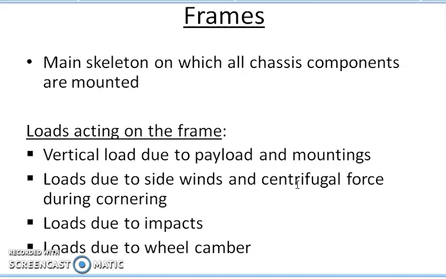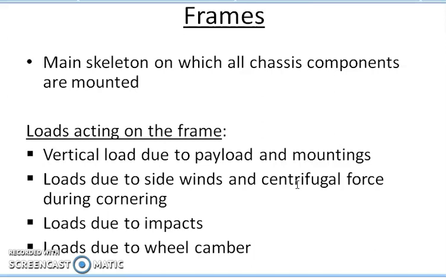So first let us discuss what are the various loads that are acting on the frame so that we will be able to design how the frame should be and what the cross section of the frame should be. The various loads acting on the frame are the vertical load due to the payload and the mountings, the loads due to the side winds and the centrifugal force which acts while the vehicle is turning around a corner.